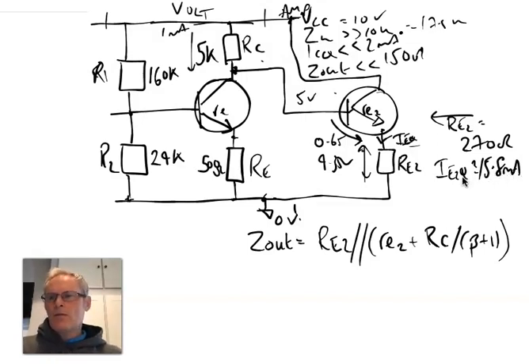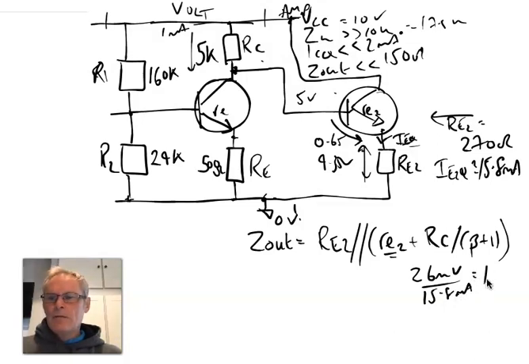Okay. Then what we can say is we can calculate the value of little re2, because re2 is 26 millivolts divided by this 15.8 milliamp value.